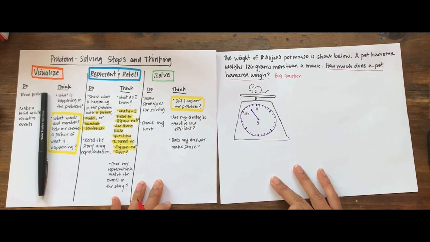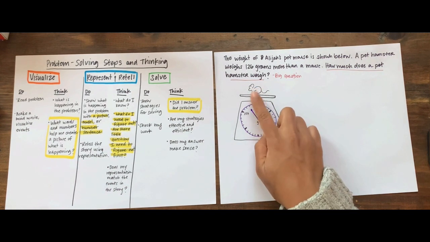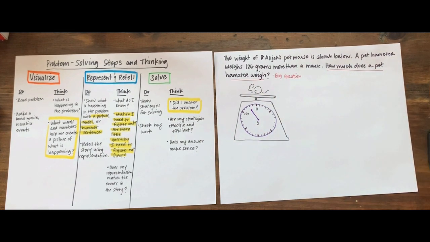What do we need to know? Say your answer out loud. I heard friends say that we need to know how much this mouse weighs. Why do we need to know how much the mouse weighs in order to find out how much the hamster weighs?